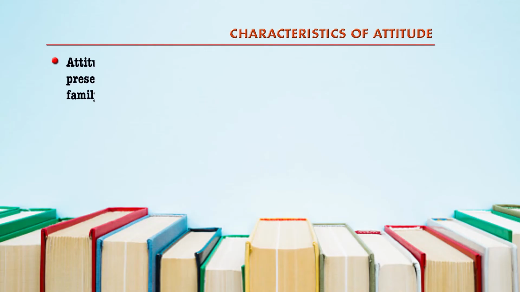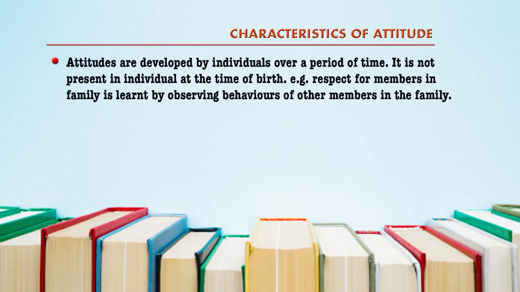Further, to focus upon some important aspects of the characteristics of attitude, I can say that attitudes are developed. Okay. So, we can develop our attitude, it can be acquired by individuals over a period of time. It is not present in an individual at the time of birth. That is why it is not inherited, it is not hereditary, rather it is environmental.